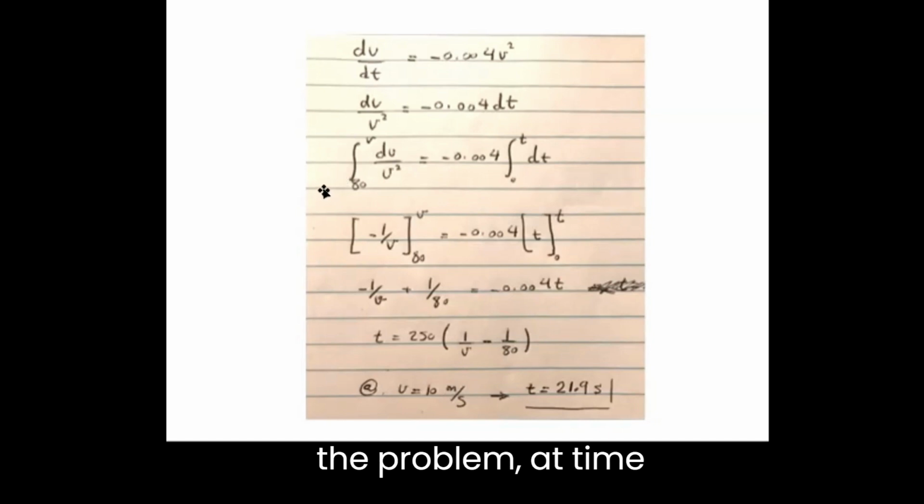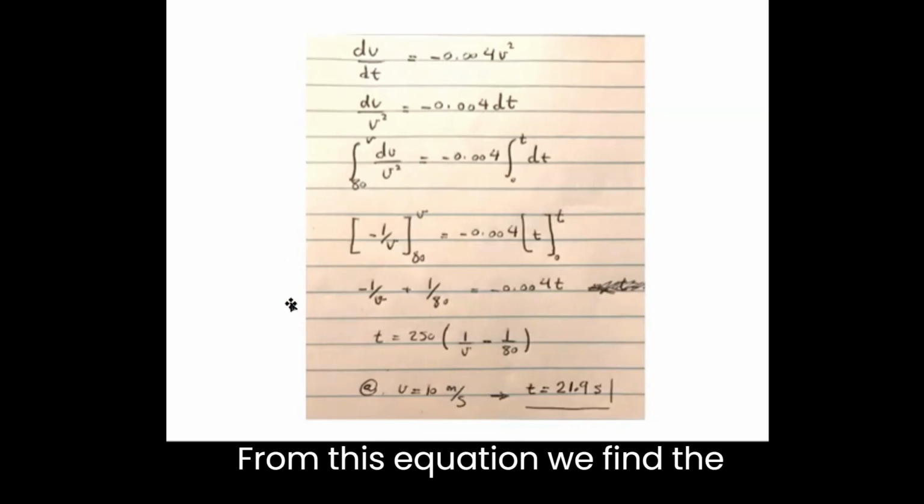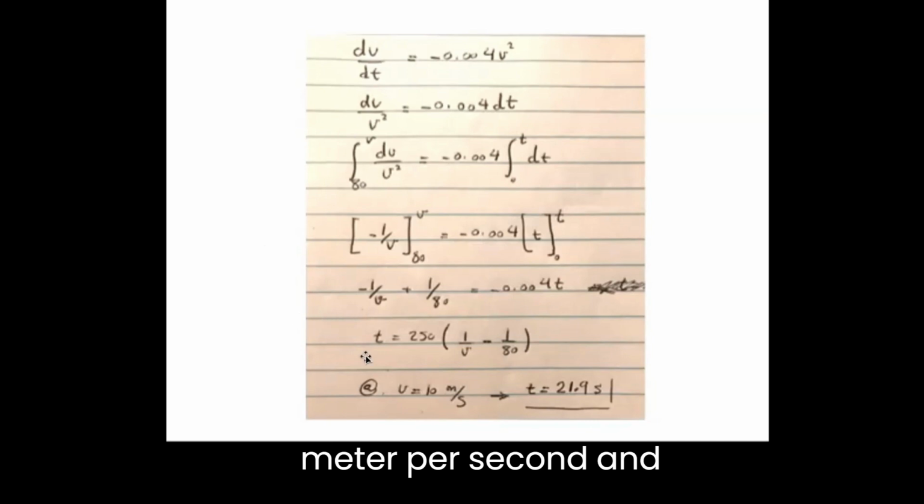According to the problem, at time 0, the velocity is 80 meters per second. Solve for t in terms of the velocity. From this equation, we find the time required for the velocity to decrease to 10 meters per second. And the time required is 21.9 seconds. This is the end of this section.